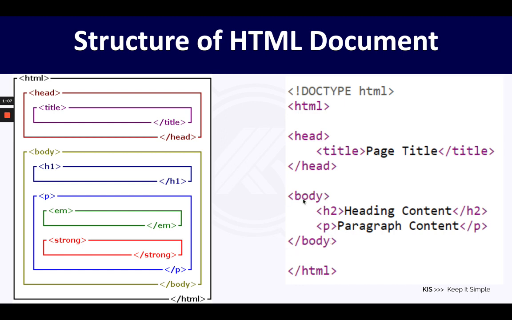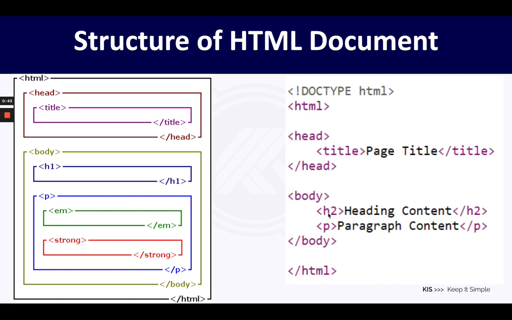Within the opening and closing tags, you have everything that goes into the body. This is everything you see on the web page. Everything you see on the web page exists between the opening body tag and the closing body tag. That's the main body of your browser. I'll demonstrate that shortly with a web page in a browser.